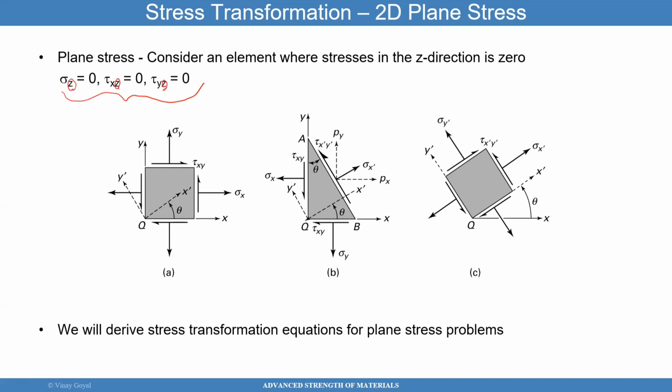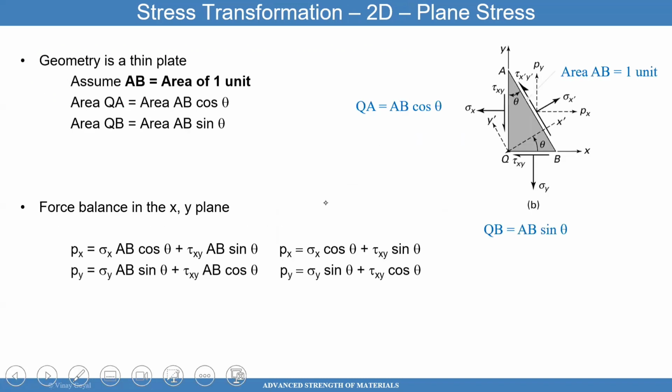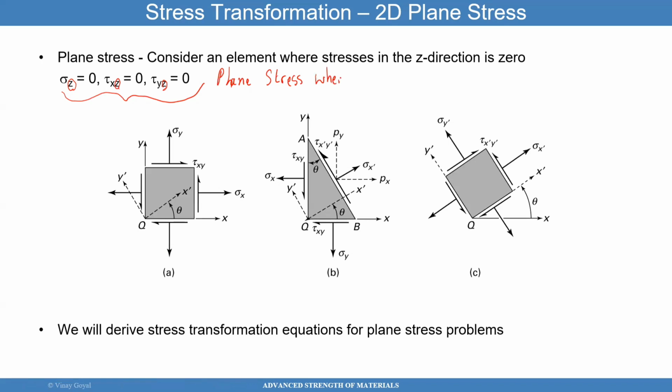Plane stress usually occurs when the body is thin. So in that case, I'm just going to look at the XY plane. In the XY plane, I have sigma XX, sigma YY, and tau XY that shears that square.